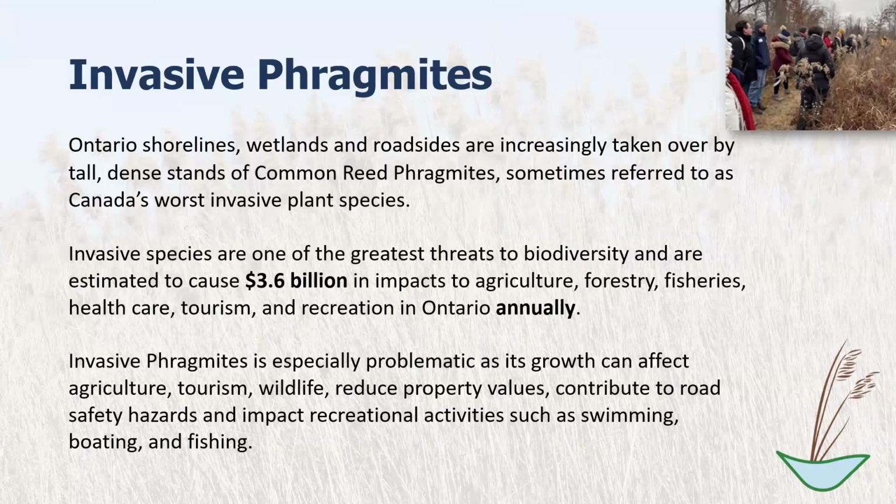Invasive species are one of the greatest threats to biodiversity and are estimated to cause $3.6 billion in impacts to agriculture, forestry, fisheries, healthcare, tourism, and recreation in Ontario annually. So that's every year. Invasive Phragmites is especially problematic as its growth can affect agriculture, tourism, wildlife. It can reduce property values. It can contribute to road safety hazards, and it can impact recreational activities such as swimming, boating, and fishing.